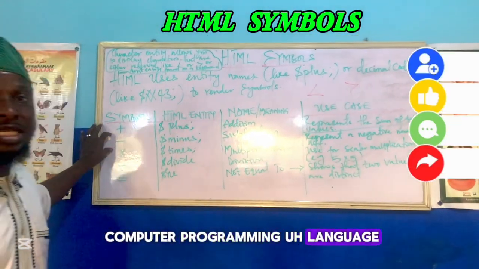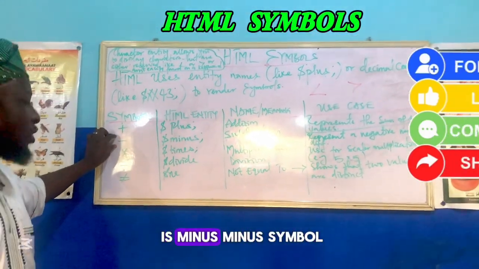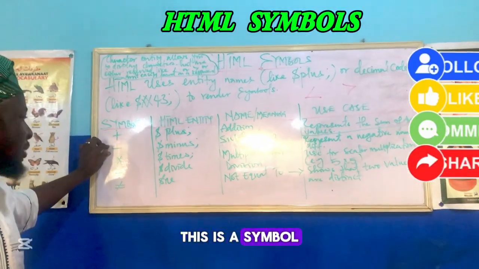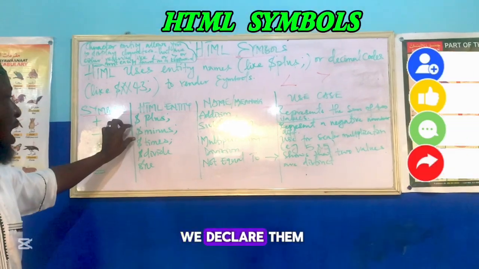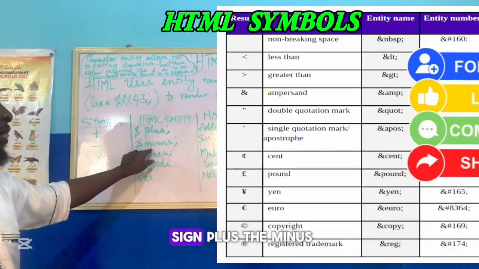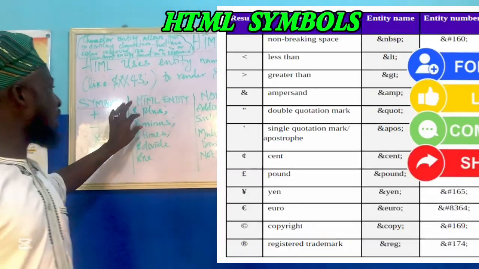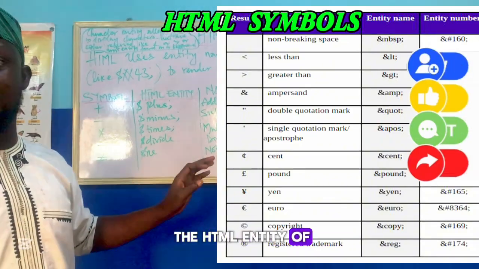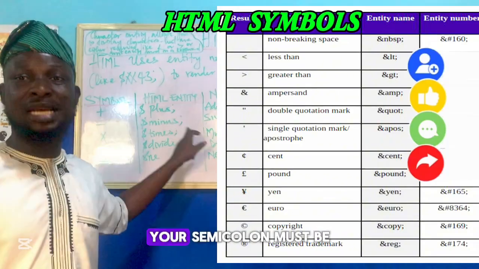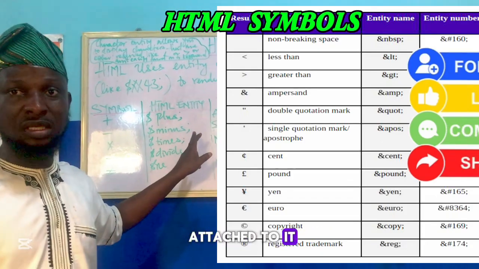Then the next one is minus. Minus symbol. This is a symbol in computer programming language. This is how we declare it: the and sign plus the minus. Don't forget, whenever you are declaring the HTML entity of that particular symbol, your semicolon must be attached to it. Right?